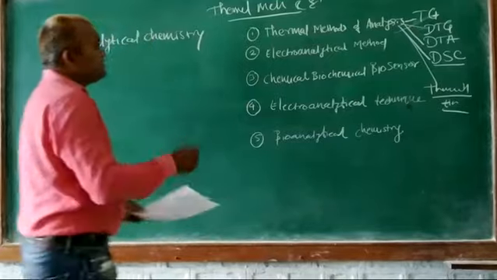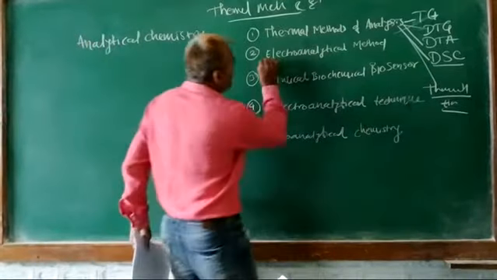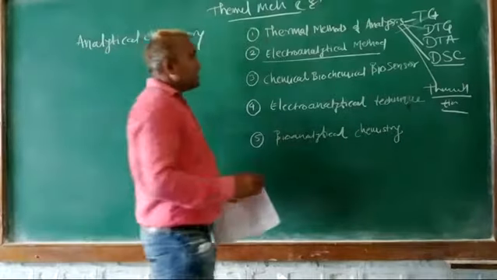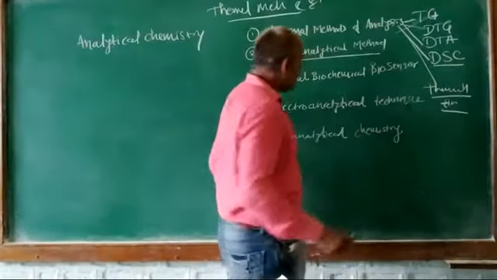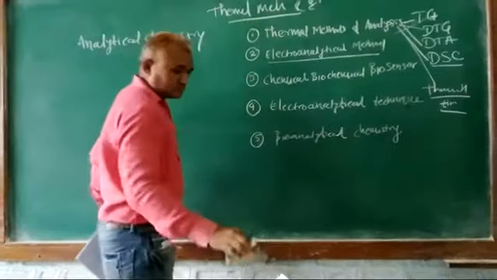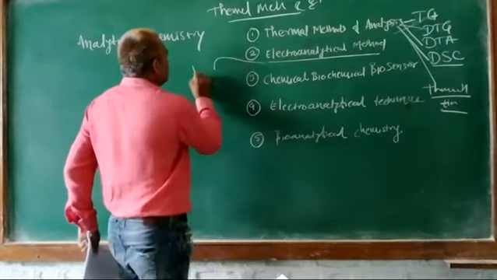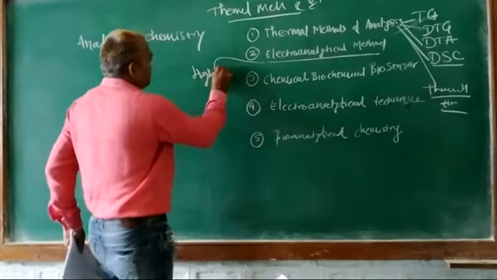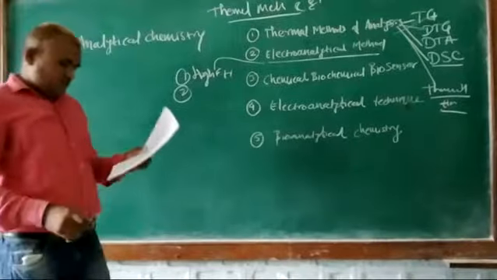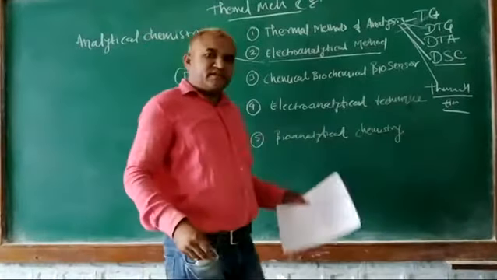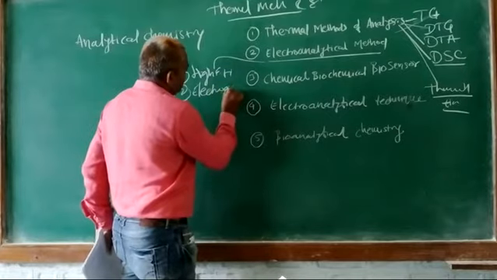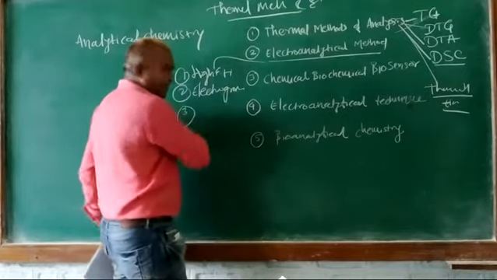In the second chapter, electroanalytical methods, we will see high frequency titration as the first point, electrogravimetry as the second point, and colorimetry as the third point.